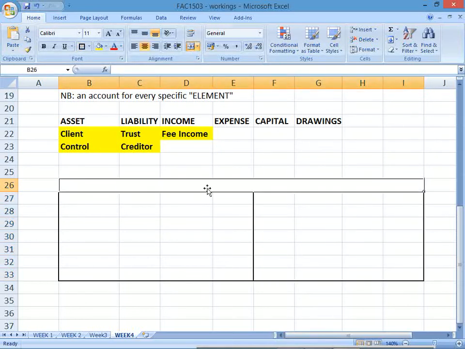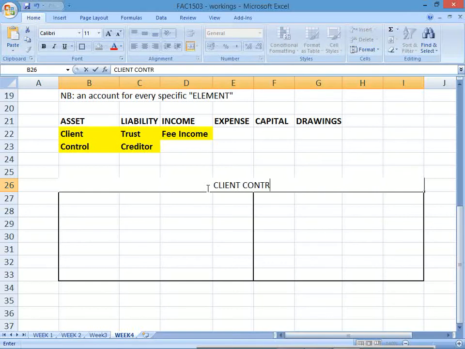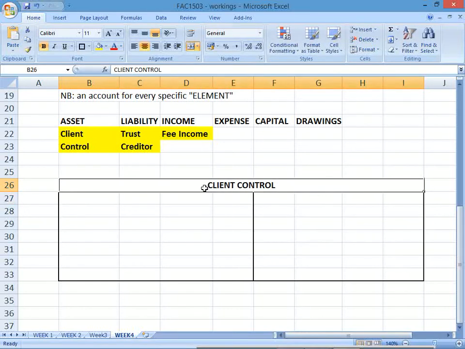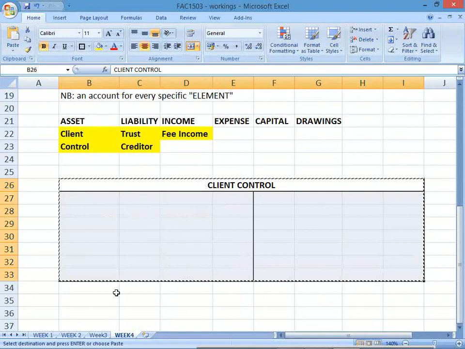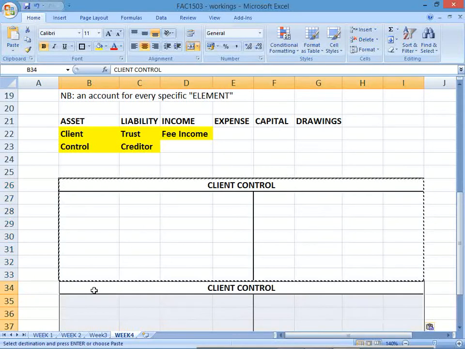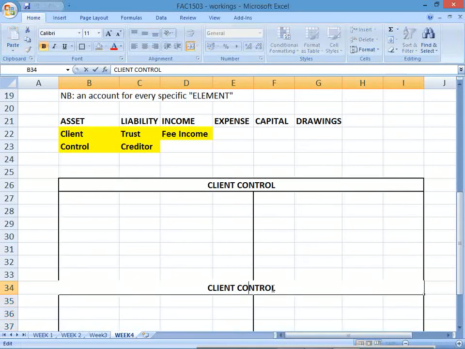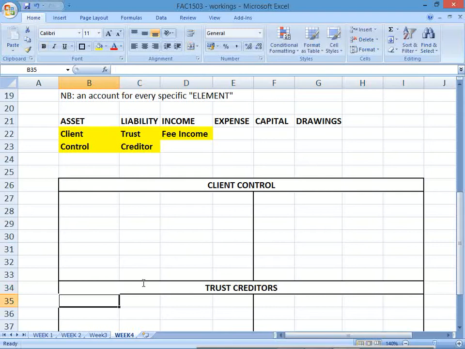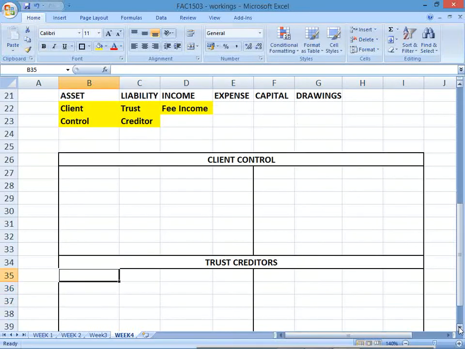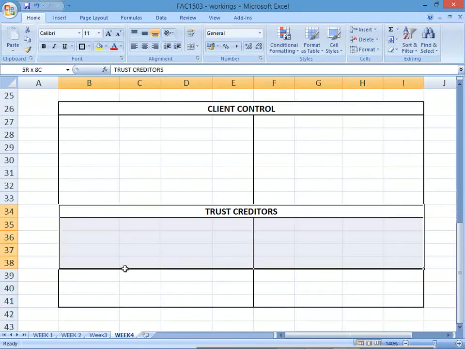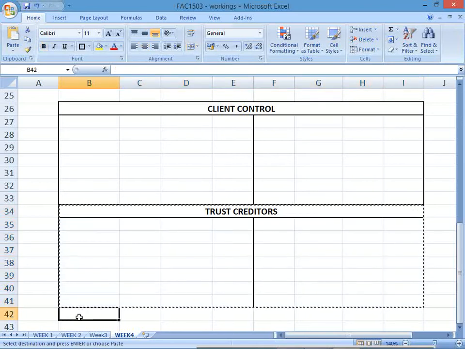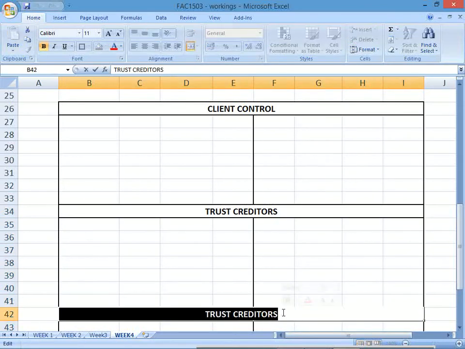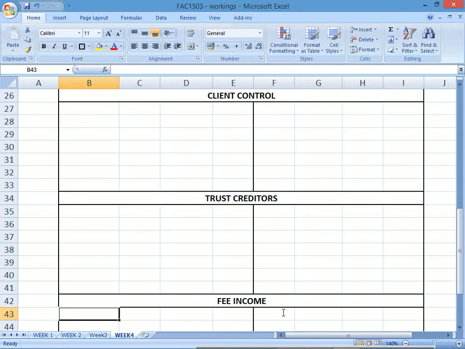Let's put a note here. Client control accounts. That's one account. You can have many different accounts. The next one I'm going to call trust creditors. Then I'm going to call the last one fee income.